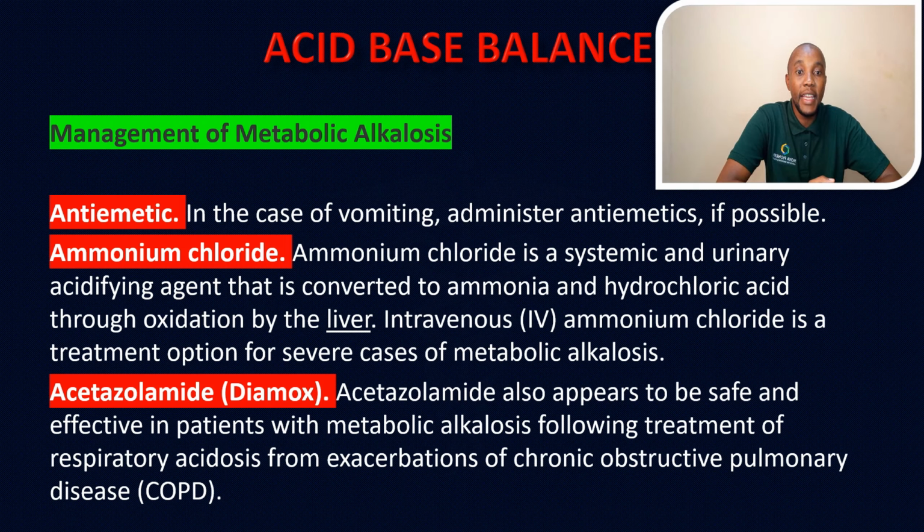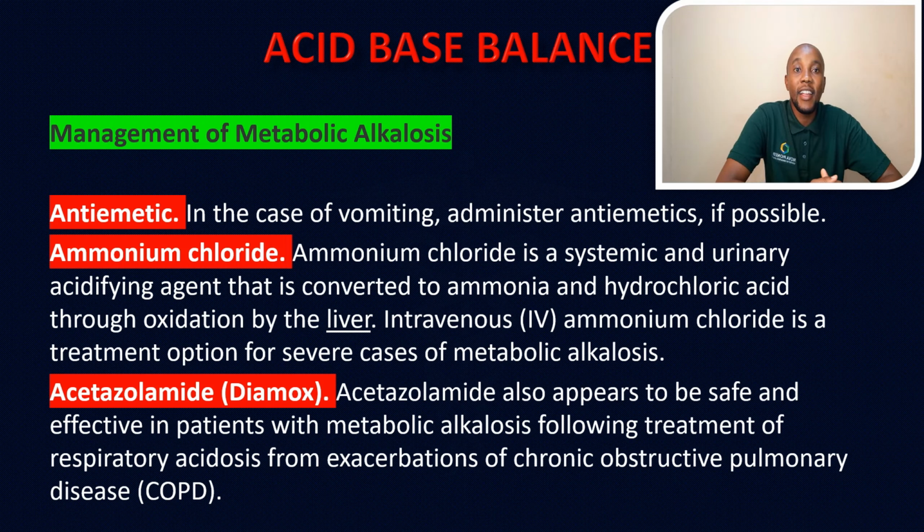We now look at the management of metabolic alkalosis. How do we manage a patient with metabolic alkalosis? Number one, we can administer antiemetics, medicines such as ondansetron and promethazine, in case of a patient with vomiting. We can also administer ammonium chloride.